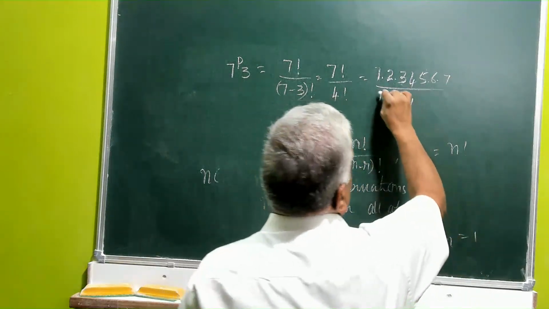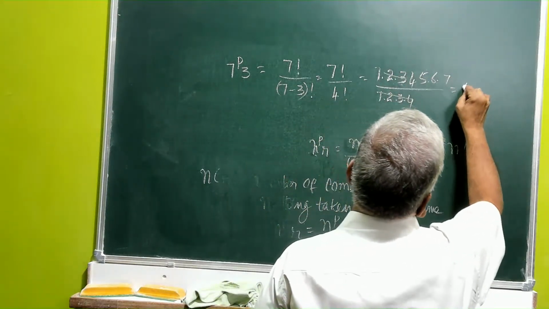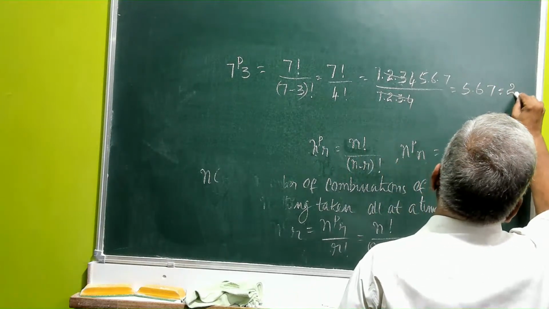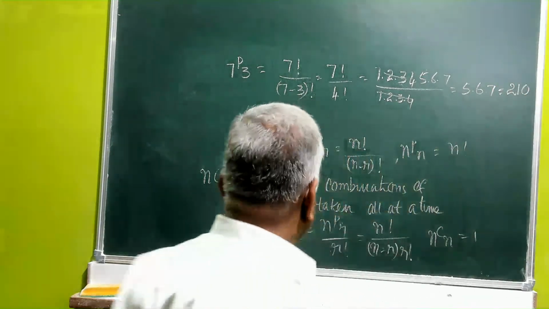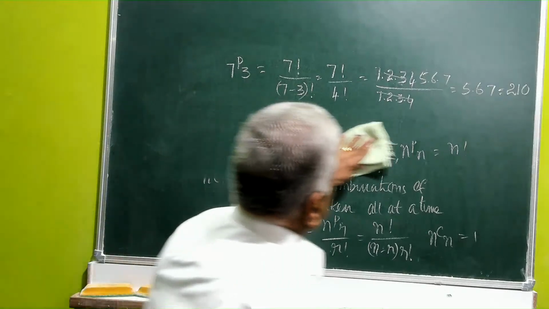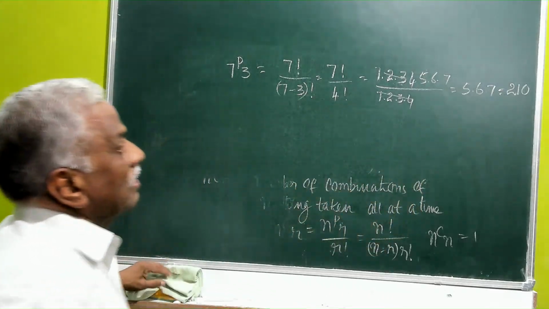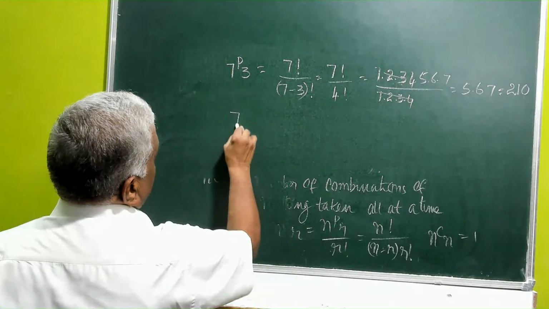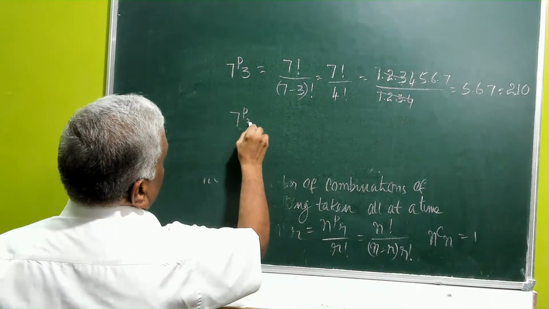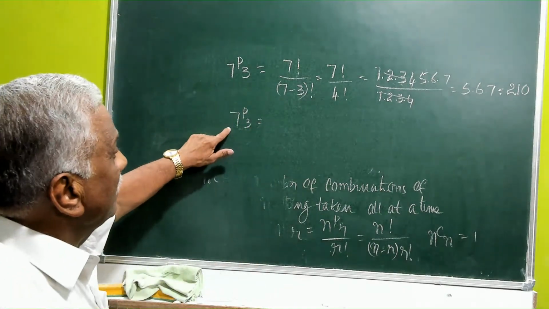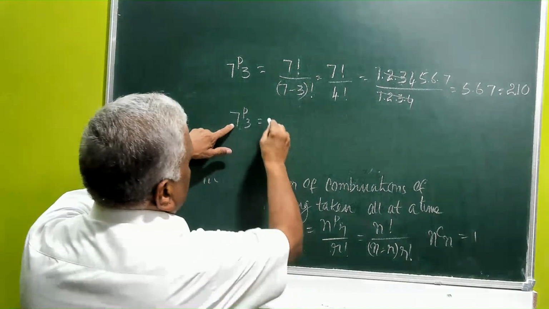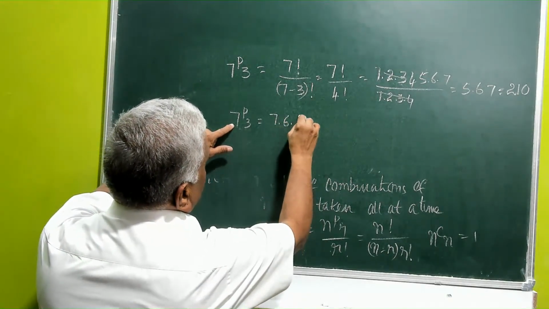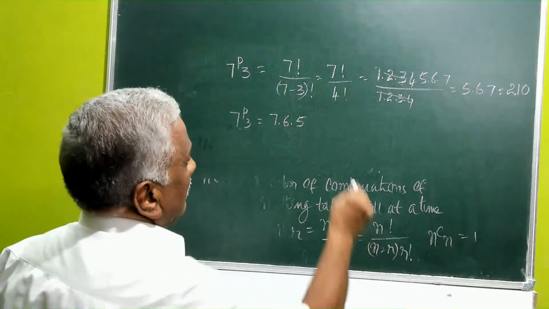So this will cancel. You get 5 into 6 into 7, that is 210. So instead of writing all this, the simple method of working out is, if you want 7P3, you just write 7 backwards 3 times. 7 into 6 into 5. That's all. You'll get 210.